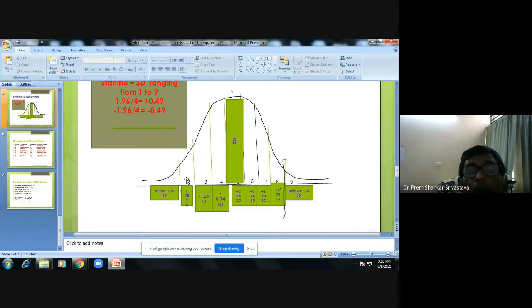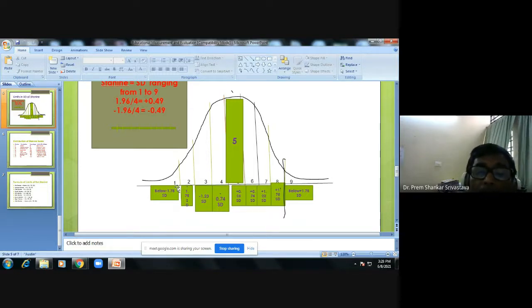The average, the fifth, the mean Stanine, is from minus 0.25 standard deviation to 0.25 standard deviation.